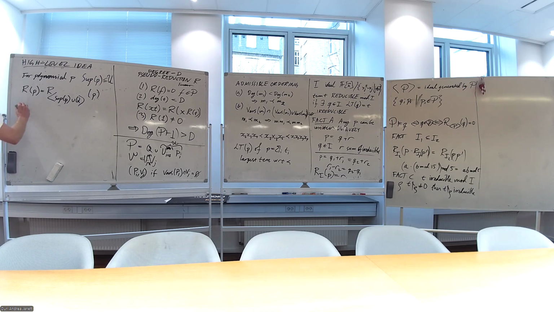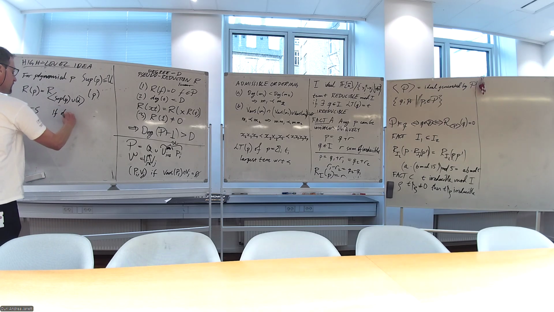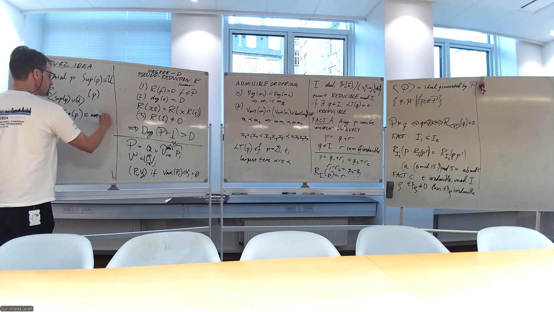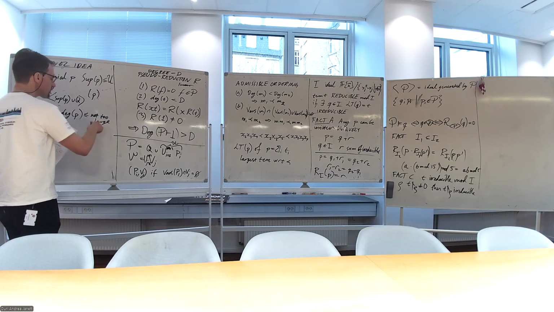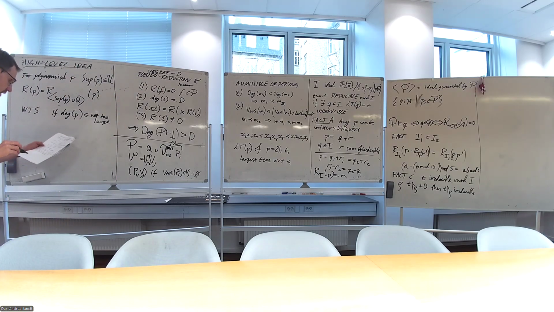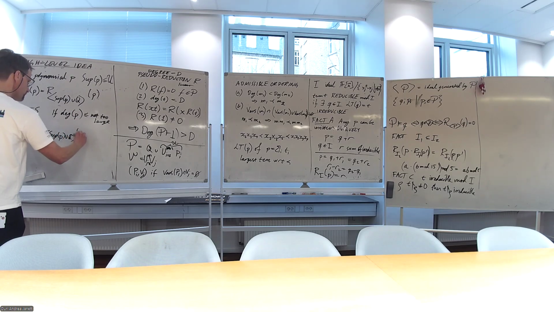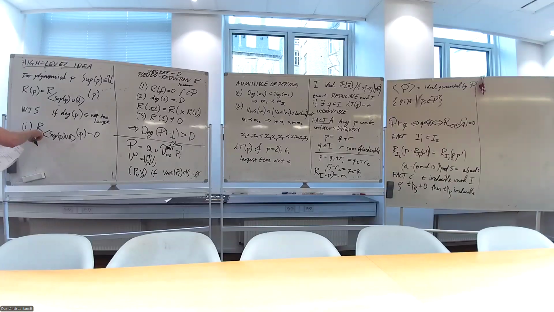And now we want to show two things. That if the degree of p is less or equal, not too large, spoiler alert, if it's less or equal d, I guess, then we want to argue that reducing p modulo the support and throwing in the Q set, R maps p to 0 when reducing modulo this polynomial.